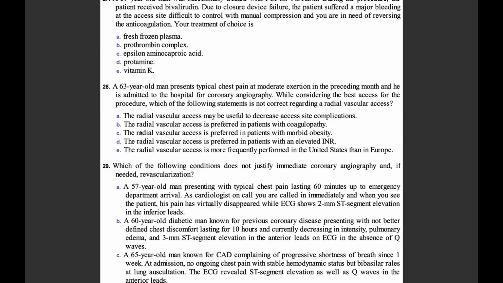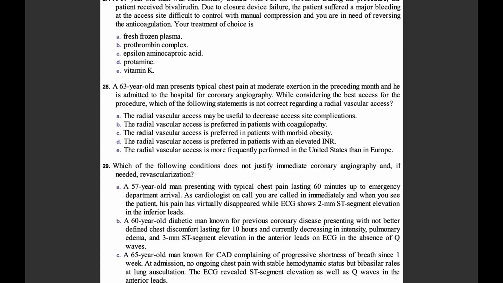Even from the 2025 American Heart Association guideline, I think they propose that radial vascular access is the best access to be used in patients that are to undergo coronary angiography, and it is widely accepted. I didn't really see anywhere where they compared its use in the United States and Europe outside this book. But generally, they say radial access is widely accepted as the preferred option for coronary angiography.